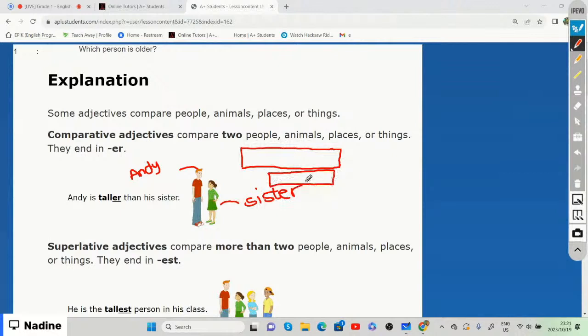Now if we look at these two things, then we can say the one ruler is long, but the other one is longer. Or this one is short, but then you have the other one that is shorter.